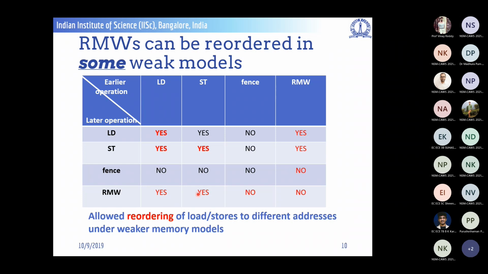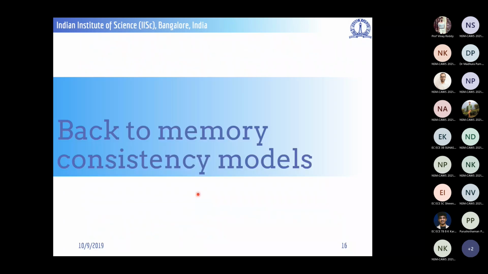Okay. With that, we come back to the memory consistency model. Here is an insight that someone had: when you are writing a multi-threaded application, what you ultimately require is some critical sections, some mutual exclusion, where some piece of code should execute mutually exclusively.